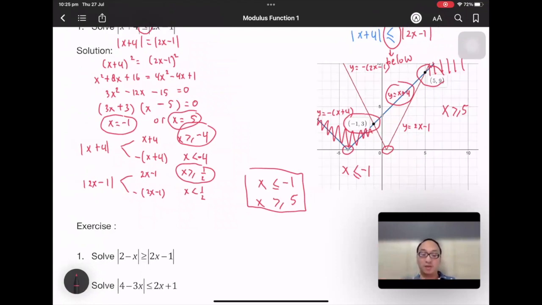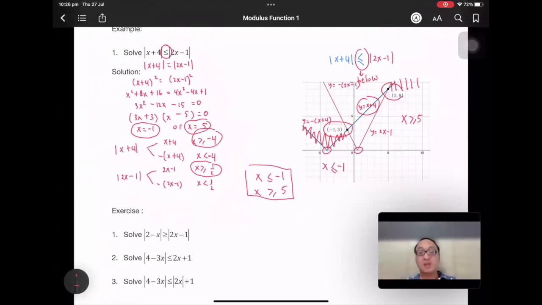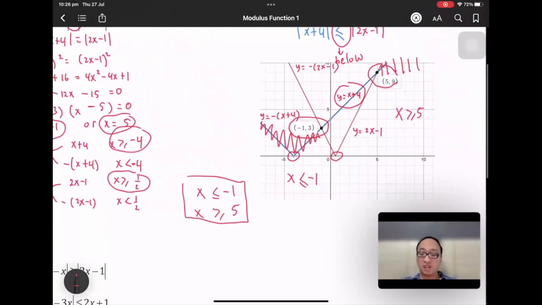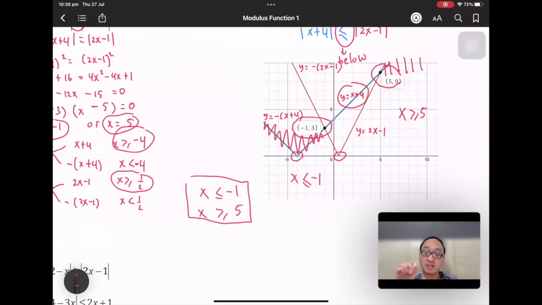Two answers. So from this example, we can see that the sketch helps us to determine the position of the graph: in which region one graph is below the other graph, or vice versa, in which region the first graph is above the second graph.